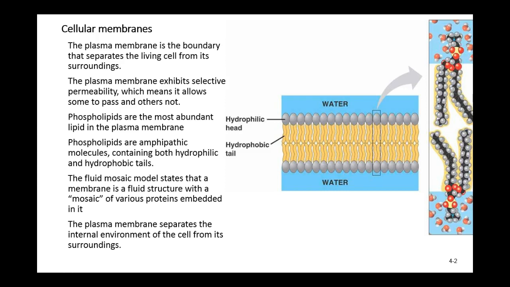The membrane is made up of phospholipids, and phospholipids are amphipathic. This word means that a molecule is both hydrophobic and hydrophilic. Hydrophilic is the portion that attracts water; hydrophobic repels water.